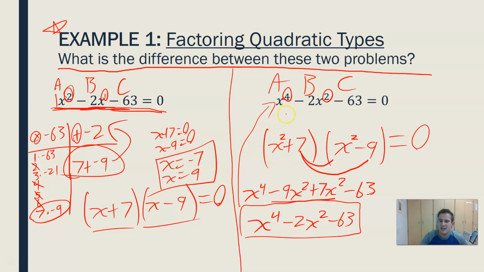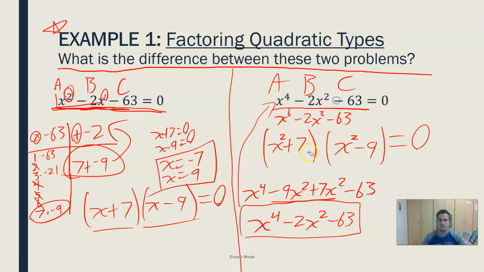So if I have another function like x to the sixth minus 2x cubed minus 63, that function is going to be able to be factored and dealt with in a very similar fashion as the quadratic function. So that's pretty cool. That's a unique circumstance that pops up with some different kinds of polynomial functions that can be solved in a similar way to how we deal with quadratic functions.